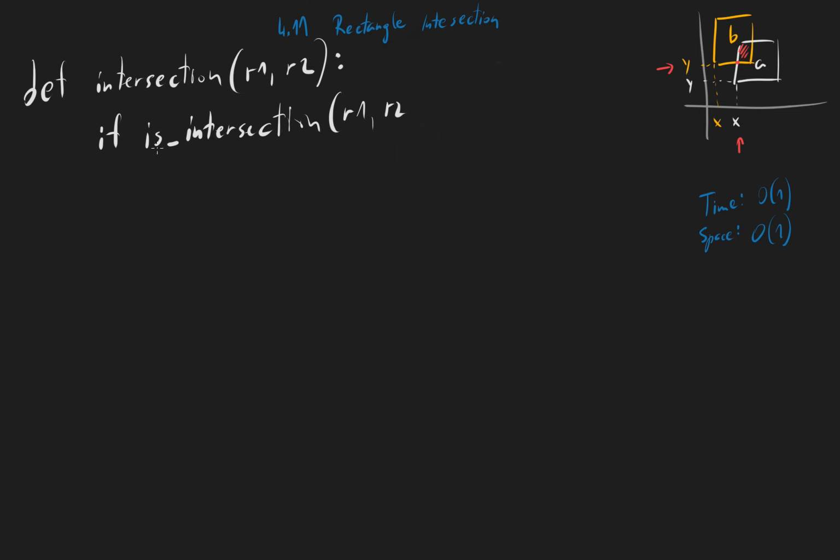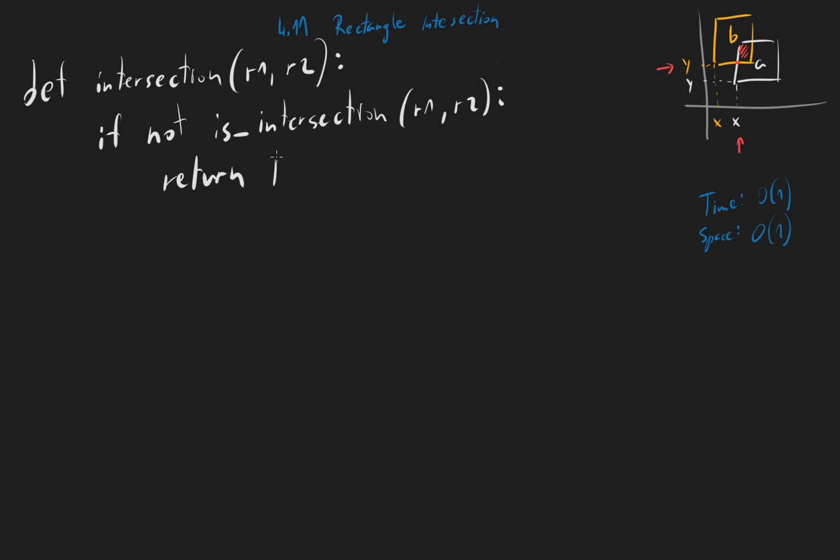If it's not, yeah, we just return, right? If not, we negate this, and we pass both rectangles. And if we don't have intersection, we can return whatever. Like in this case, we will just return a rectangle with 0, 0 coordinates, and width is -1 and height is -1 as well.